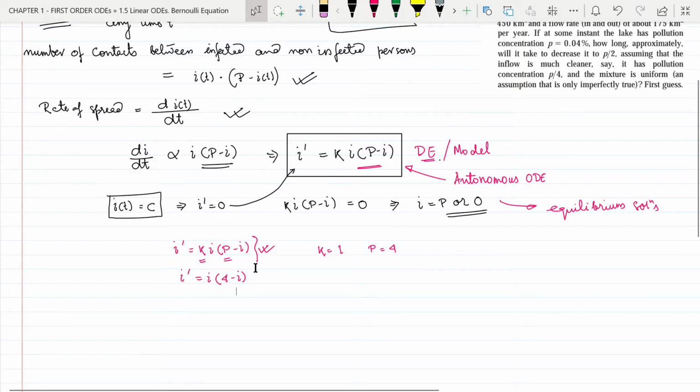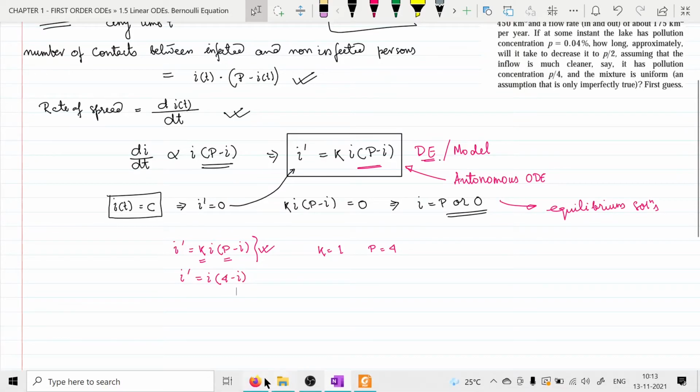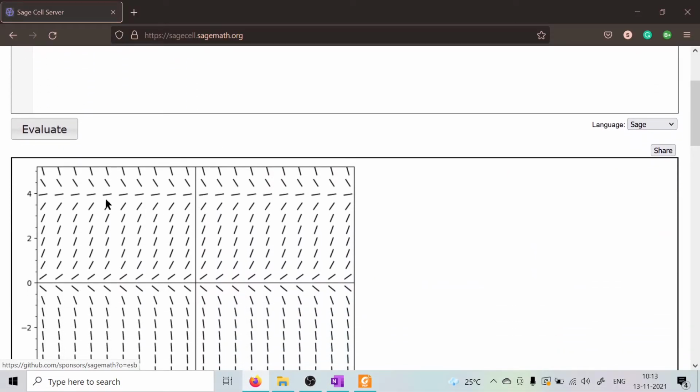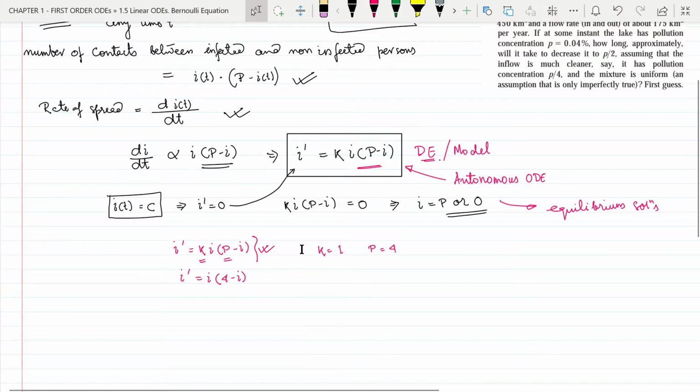Now, this equation I dash equal to I times (4 minus I) has two solutions, which are I equal to 0 and I equal to 4, and that is why the slope field has 0 slope at 4 and 0. In the same manner, for the general equation, the slope field would have 0 slope at p and 0. We have replaced p with 4 here.